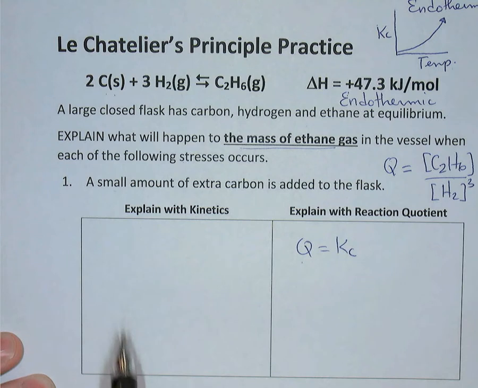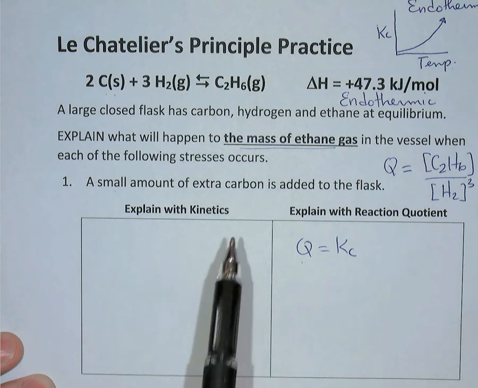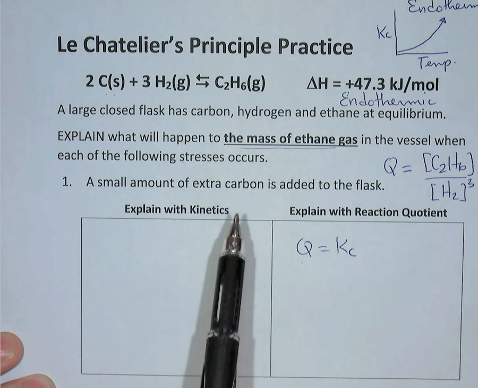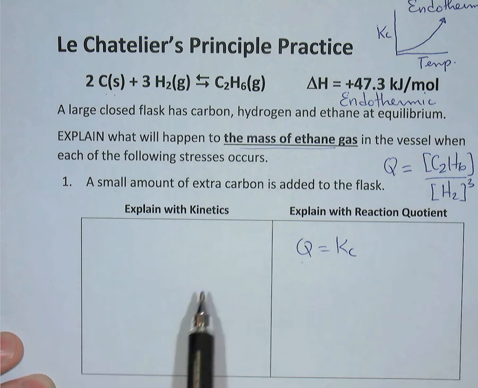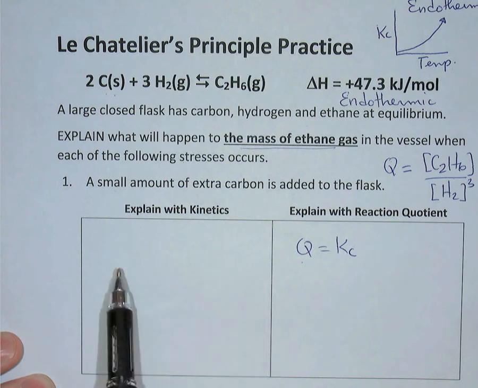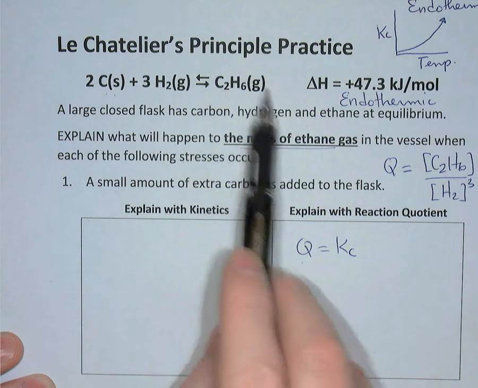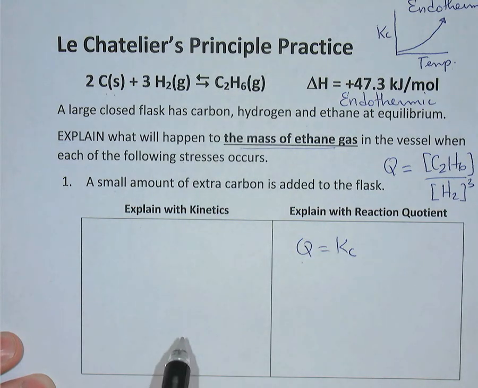So the forward rate decreases while the reverse rate stays the same, which will result in the reverse rate being larger than the forward rate. Therefore, the reaction will shift in the reverse direction. Shifting in the reverse direction will use up some of the ethane gas, so the mass of ethane will decrease.